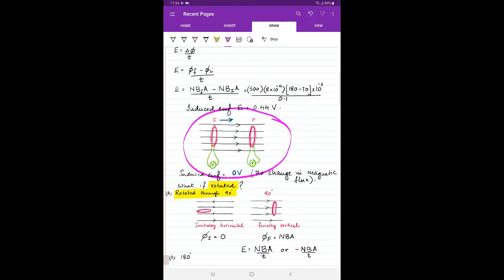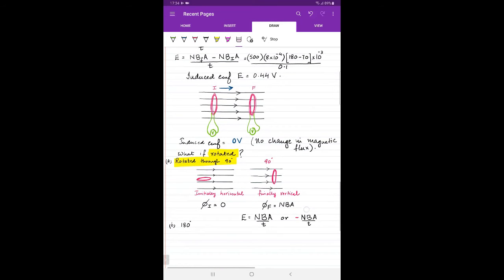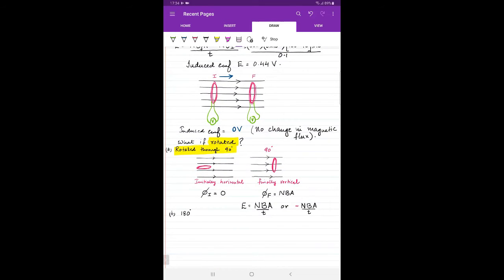So that's fair enough. अच्छा I'm sure आप इस बात से भी agree करोगे कि अगर मैं 90 के बजाय if I would have asked you ना यार what if I were to rotate the coil through 180 degrees, अब आपका change kind of double हो जाना चाहिए.